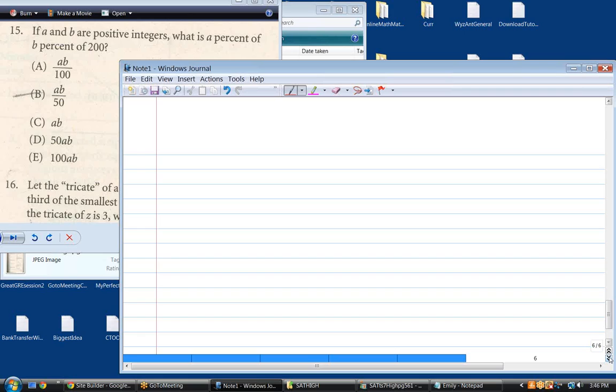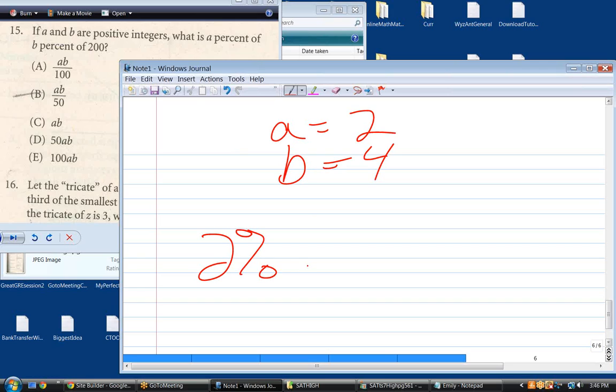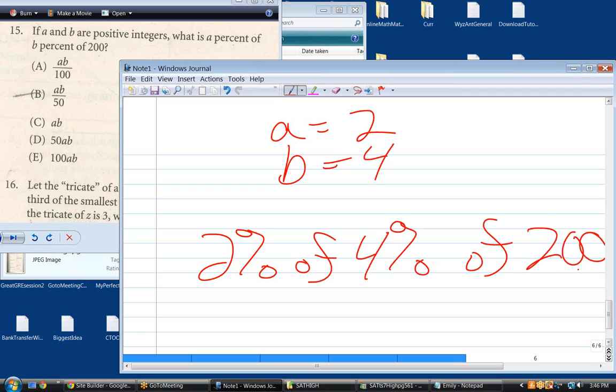Pick some simple numbers for A and B. 2 and 4. So what is 2% of 4% of 200? Now I'll go back and pick some simpler numbers that are going to make this easier. 1 and 1. Well, I was going to say 2 and 5. Just because that'll make 10.